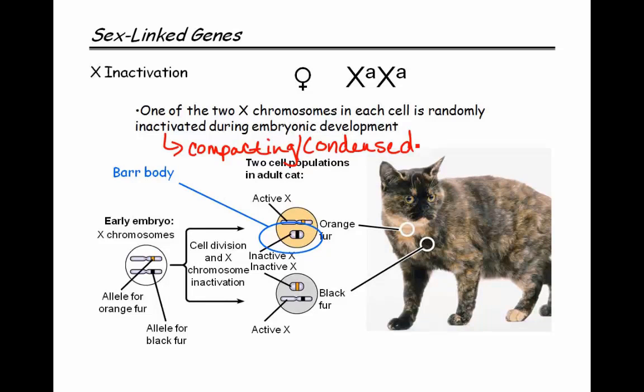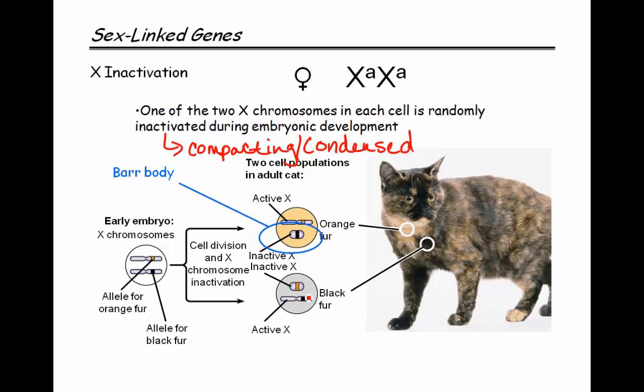So if we look at this cell up here, the chromosome containing the black copy is shut down, so we are working off of the orange copy. Any cells where that happens look orange. Some cells are going to randomly choose to turn off the other one, which means that they are working off the black copy, and so those cells are going to look black.